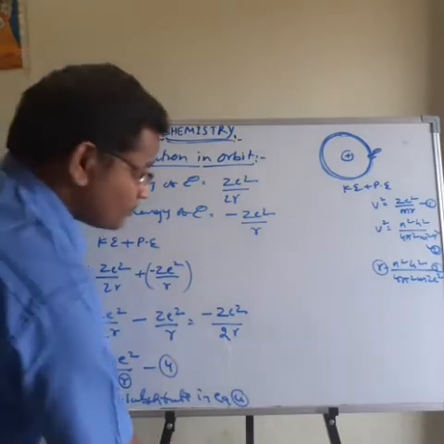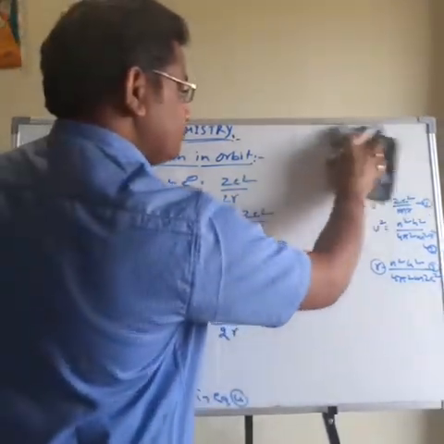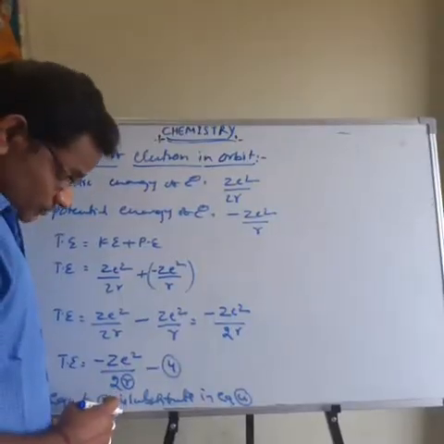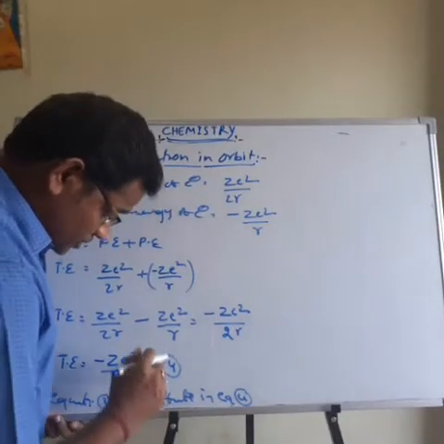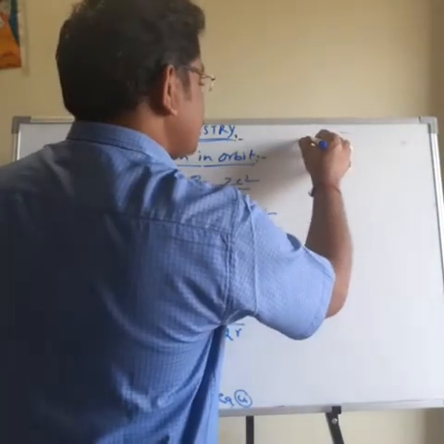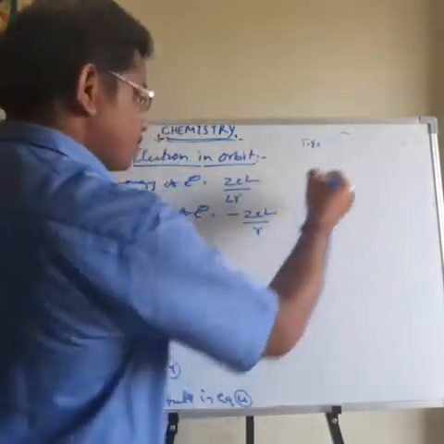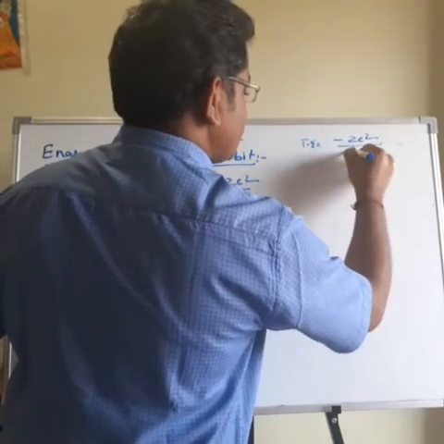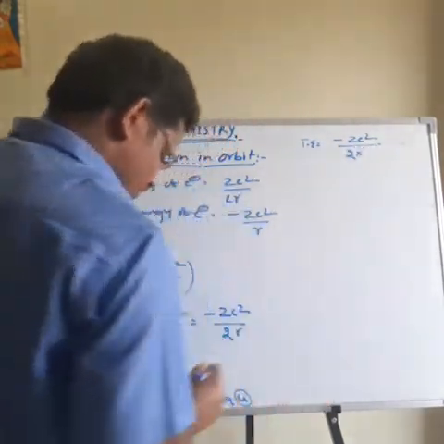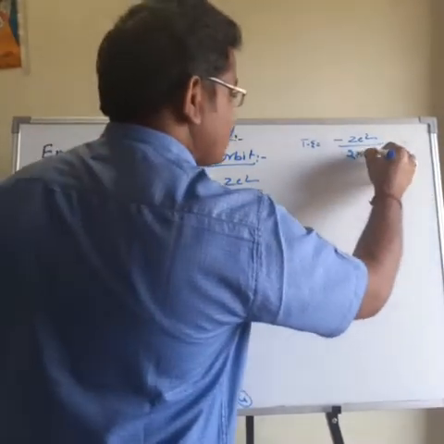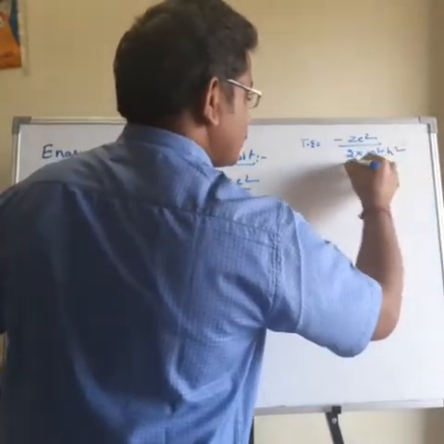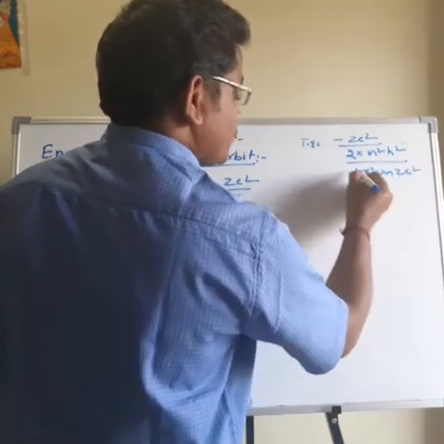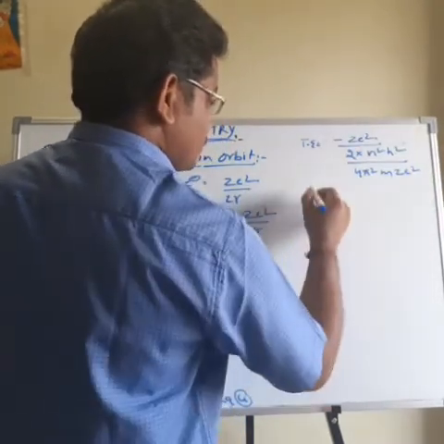Then what do we get? Total energy is equal to minus Z E square by 2 into what is the R value? The R value is N square H square by 4 pi square M Z E square. So this becomes the numerator.